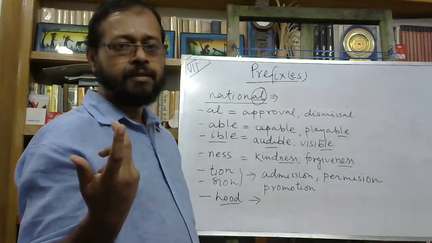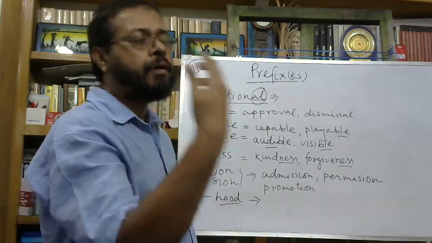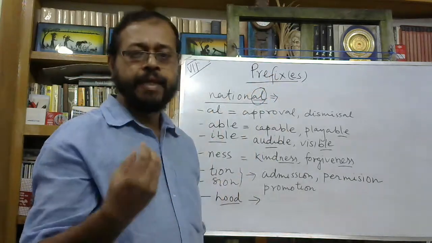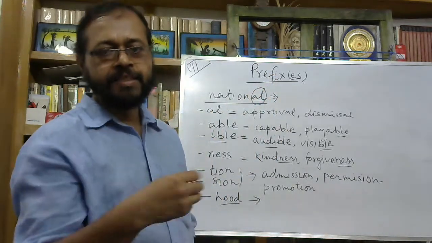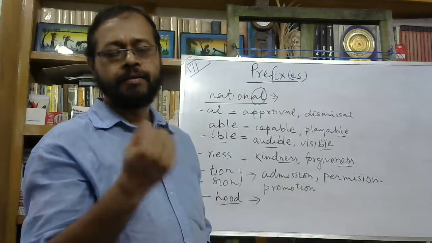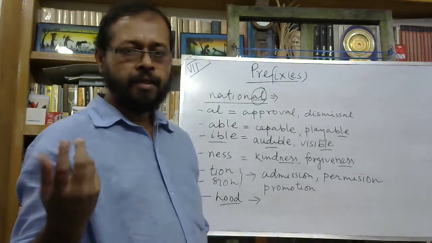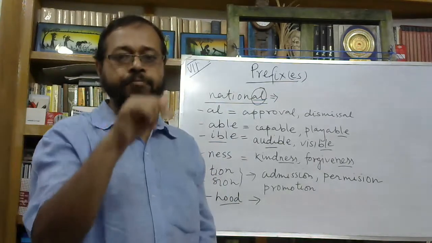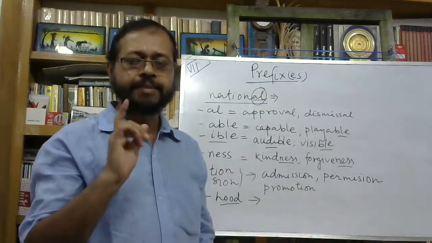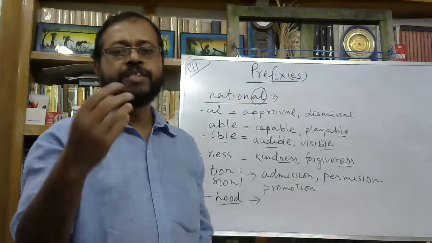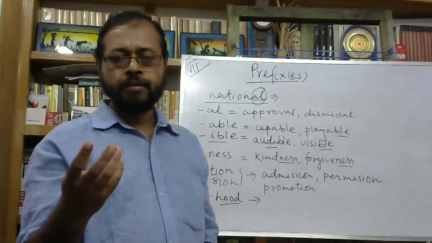ER and EST make the comparative and superlative degree: high, higher, highest. Then ism, ISM is another. Hinduism, Buddhism.